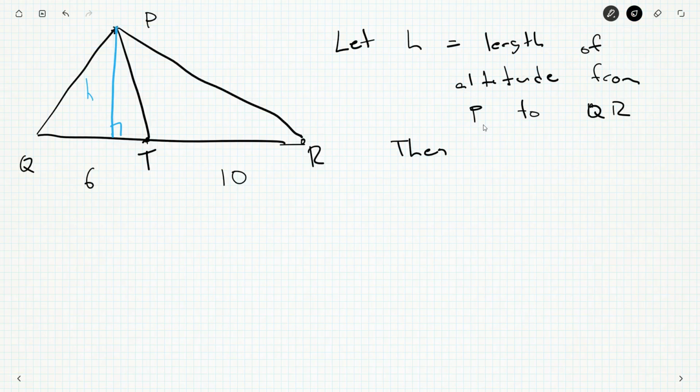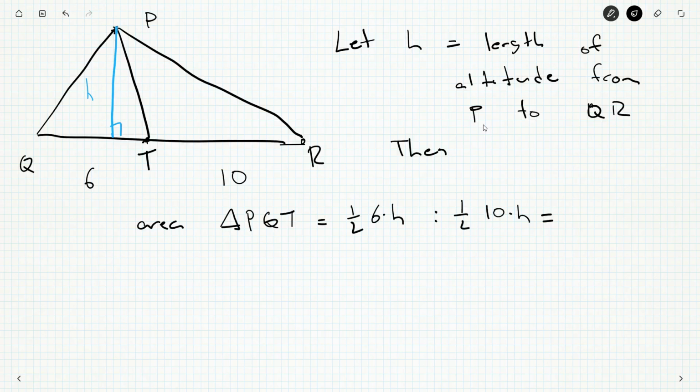Then we can see that the area of PQT is 1/2 base times height, whatever that height is. And that's going to be 1/2 times 6 times h, and 1/2 times 10 times h is the area of triangle PTR.